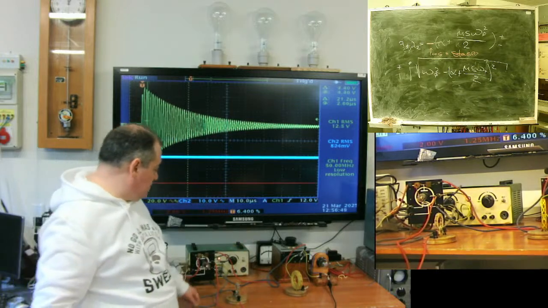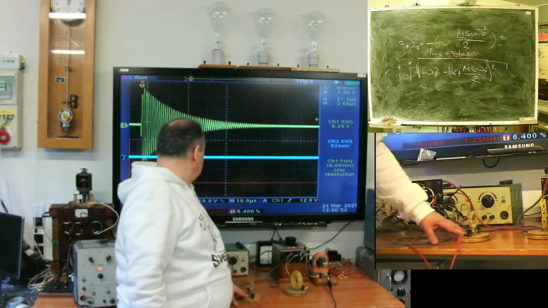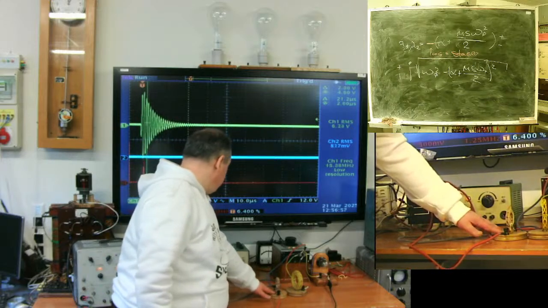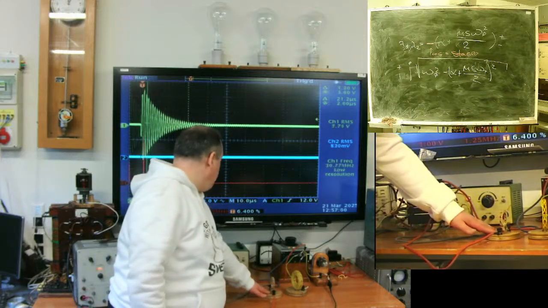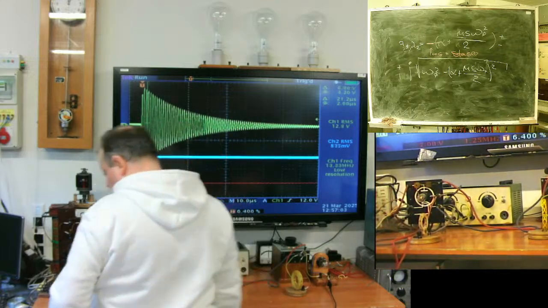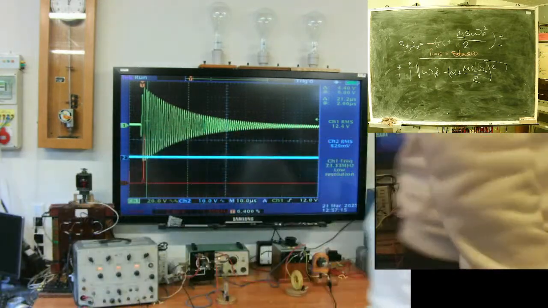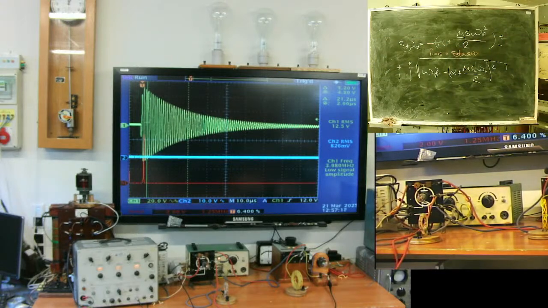I can put a resistance in series. One moment for comparison. Where is my resistance box? I saw you hiding.